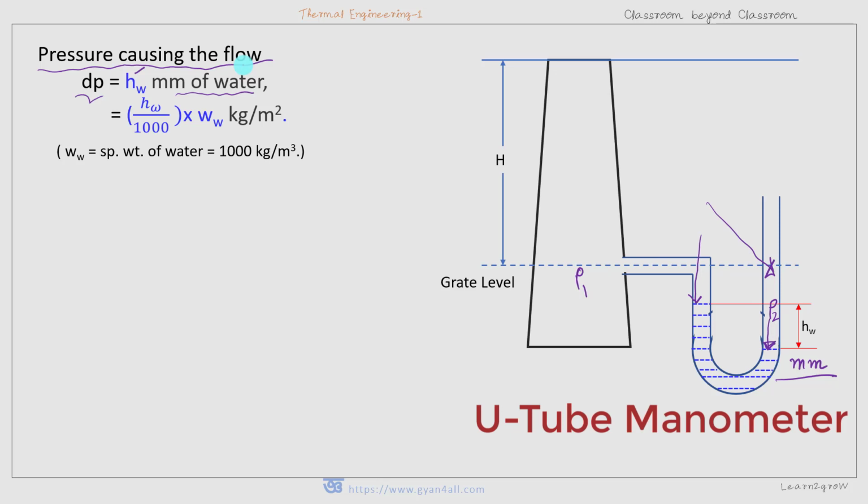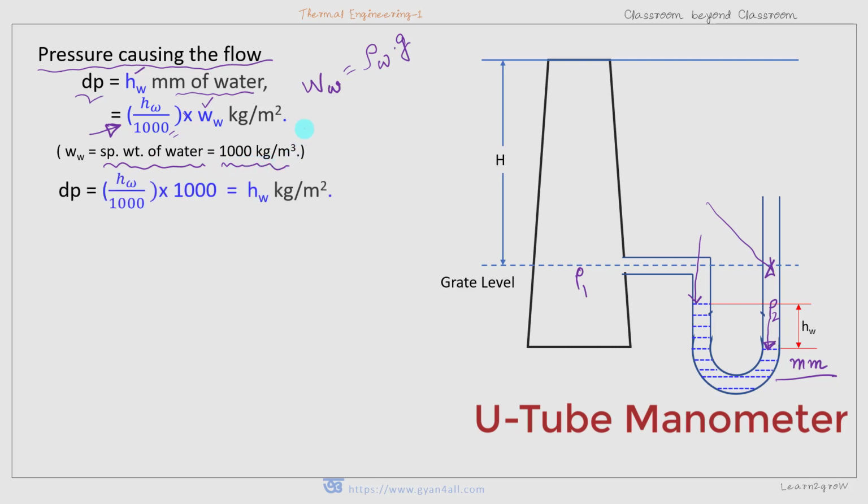This is the measured reading, and if we convert hw to meter, we have to divide it by 1000, multiplied by Ww, where Ww is the specific weight of water, and this is also rho w into g. The value of specific weight of water is 1000 kg per meter cube, and if we put that value, dP comes out to be hw kg per meter square.